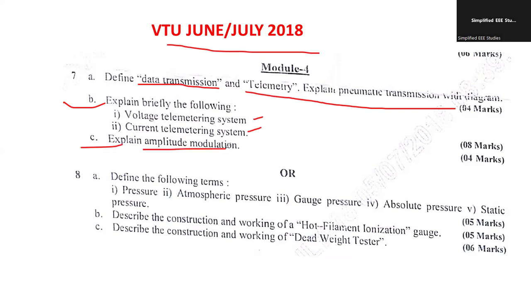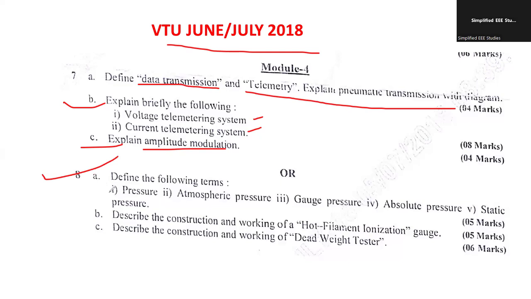What is amplitude modulation? You are supposed to explain the waveforms. You have to point out which is the carrier signal, which is the message signal, and how the frequency varies. How you are going to transmit your signal from one end to another over a long distance, those things you are supposed to explain. If possible, try to add the expression for modulation index.